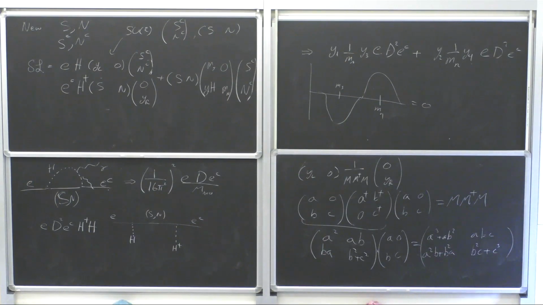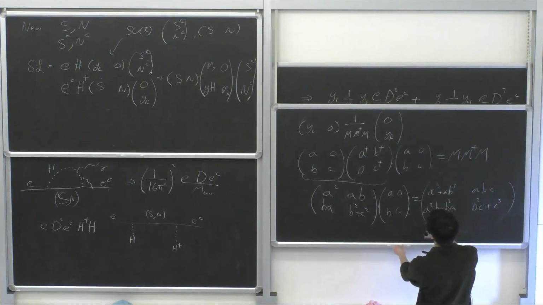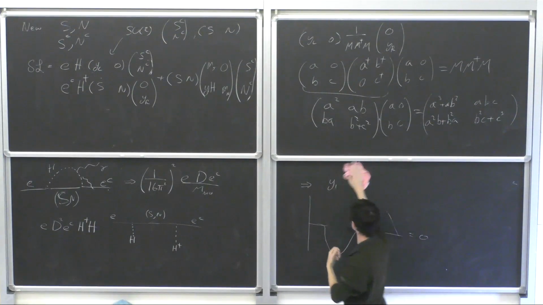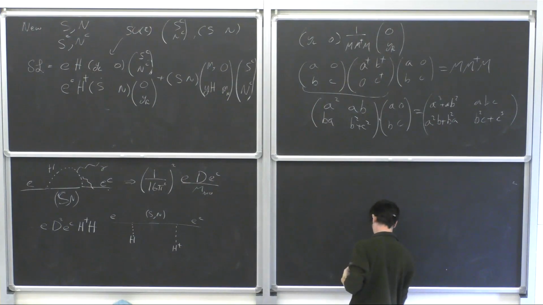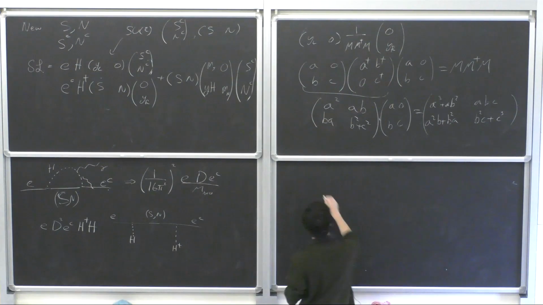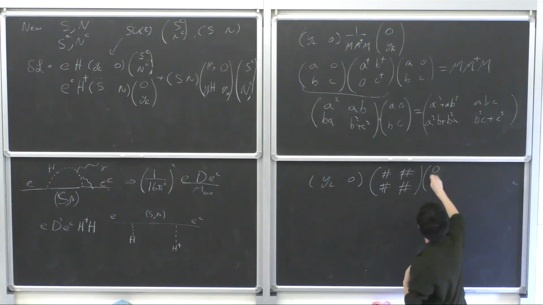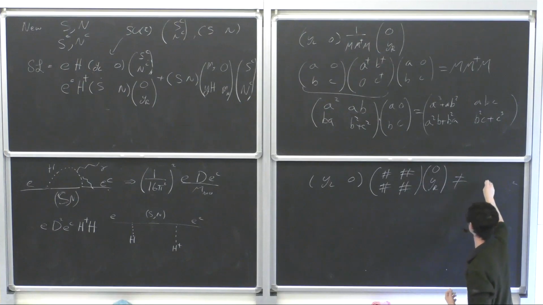Okay. The inverse of this matrix clearly has no zeros, right? These are just random numbers. The inverse, there's nothing special at all about this guy. M inverse is just going to be some random crappy matrix. So we're going to get YL0, some crap, 0YR, which is clearly not equal to 0, right?